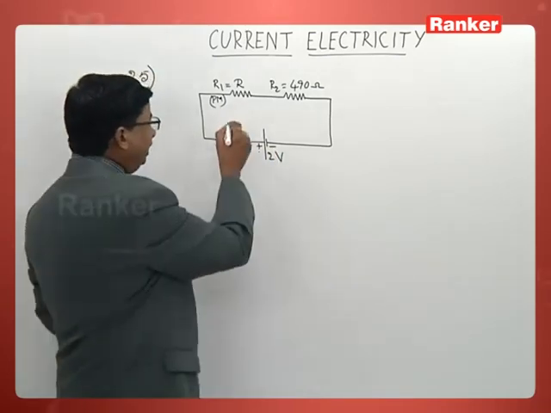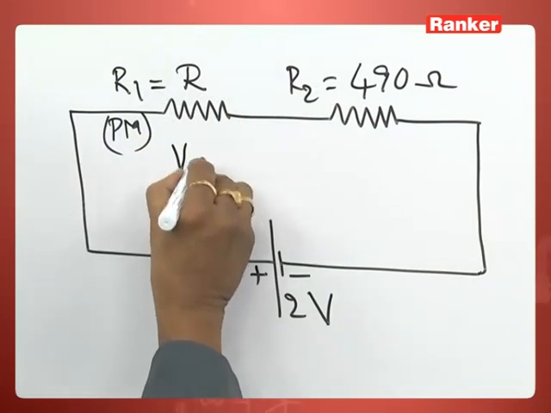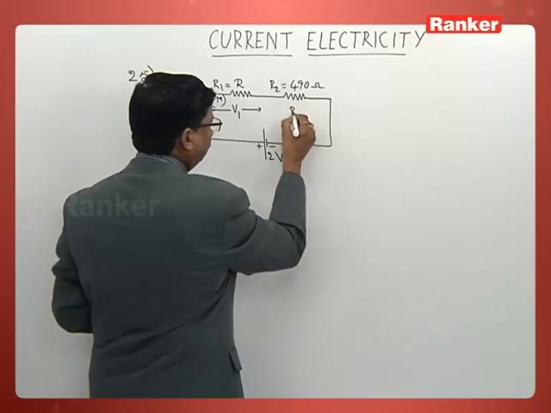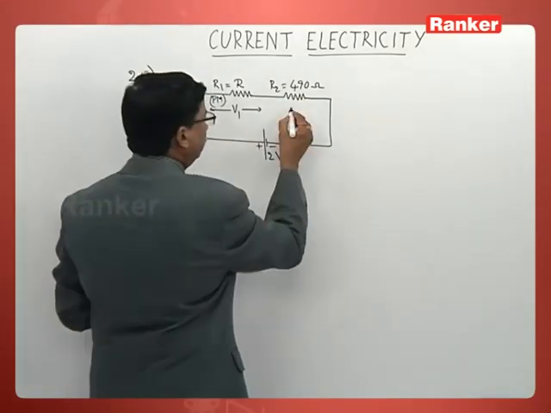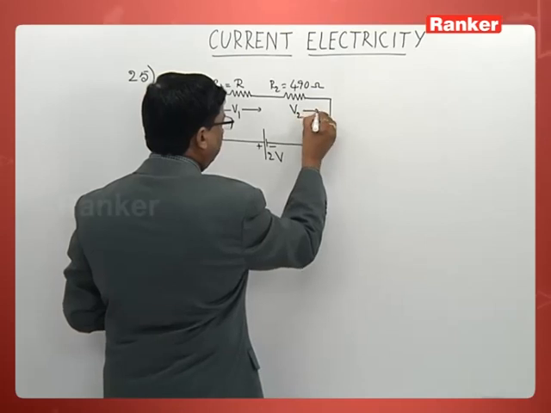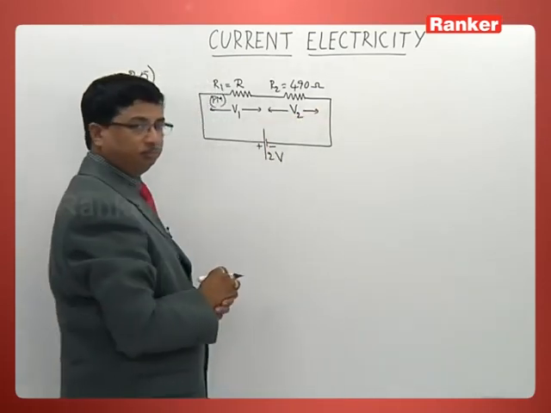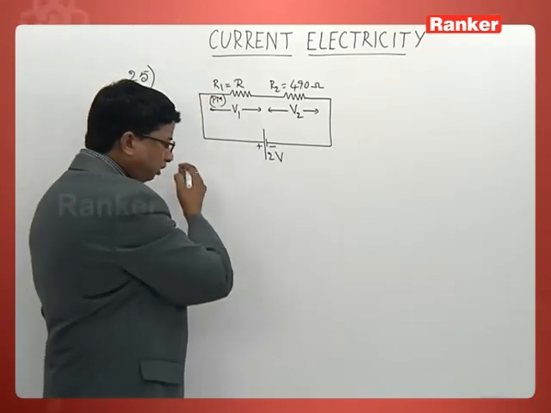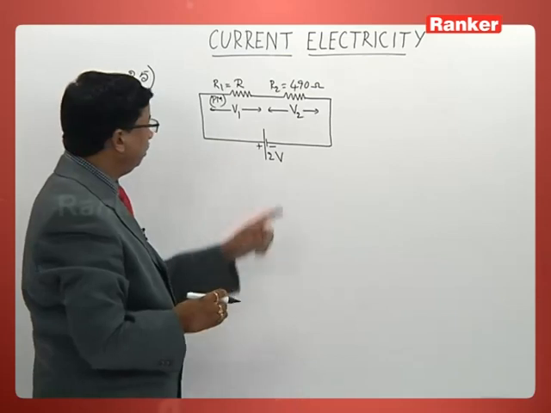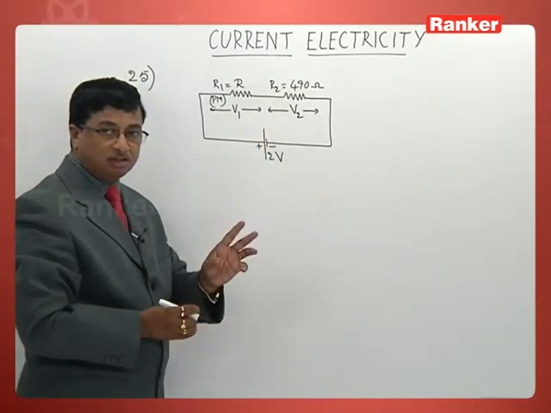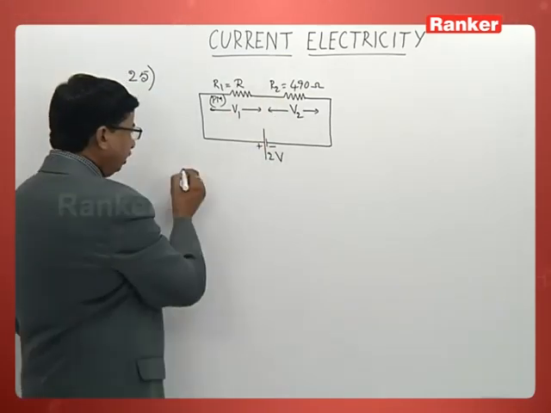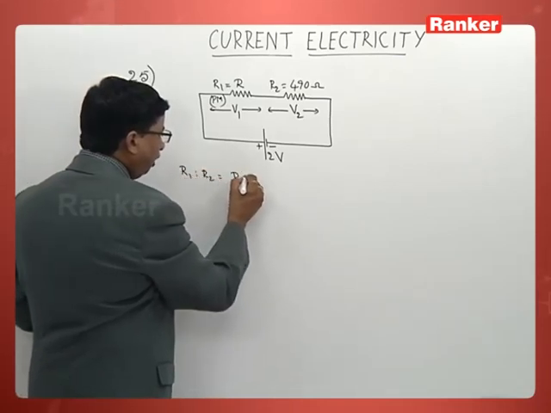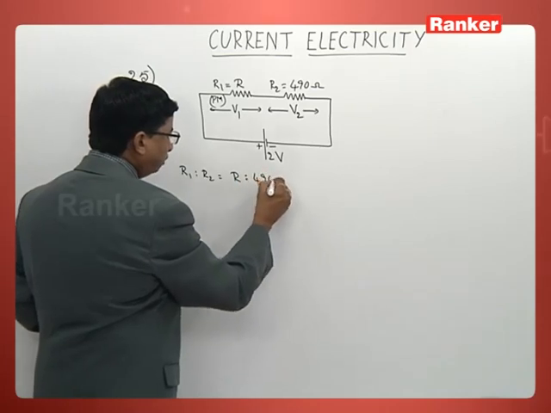Now, if I consider the potential difference across the resistor R as V1 and across the 490 ohm as V2, then what is R, the question? I go ahead in the same manner as before. Two resistances are connected in series. Then R1 is to R2, that is R is to 490.